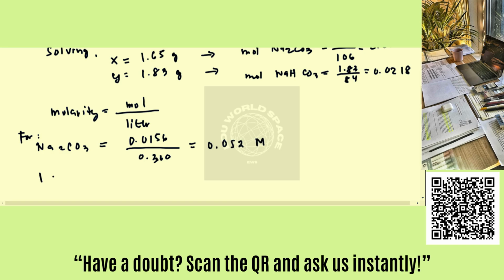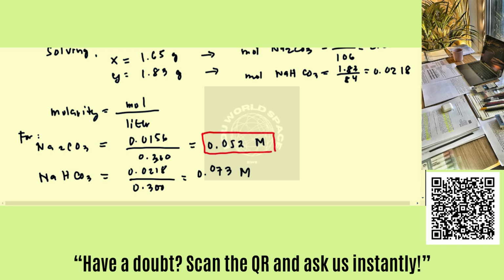And for NaHCO3 or bicarbonate, again 0.3 here is the volume of the aliquot solution, which is 300 ml, or in liters, that's 0.300. That gives 0.0727 molar. So these are the concentrations of carbonate and bicarbonate in the solution mixture.